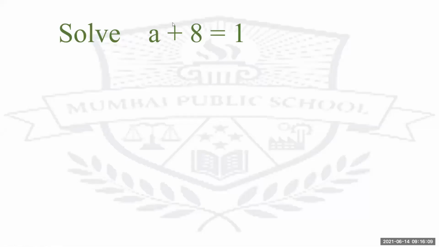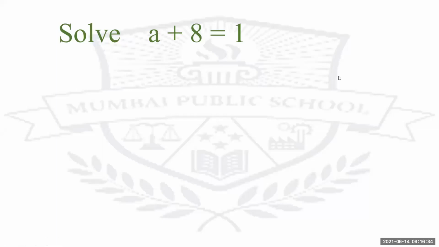Check. It is solved. a plus 8 equals 1. Now what are you going to do in this case? Yes, Vivek Tiwari. What are you going to do here? Nazreen: 8 will go to the right hand side and it will become -8.